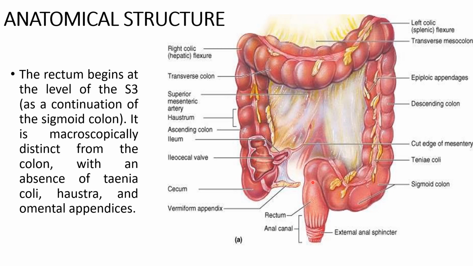It almost comes to the level of S3, that is sacral vertebra 3. Then it has no taenia coli, haustra and omental appendices. This is the omental appendices, this is the taenia coli and this is the haustra, sacculations of the large intestine. These structures are absent in the rectum.